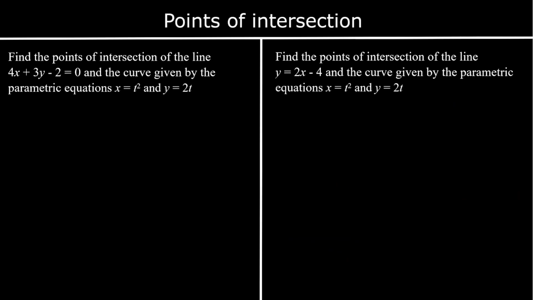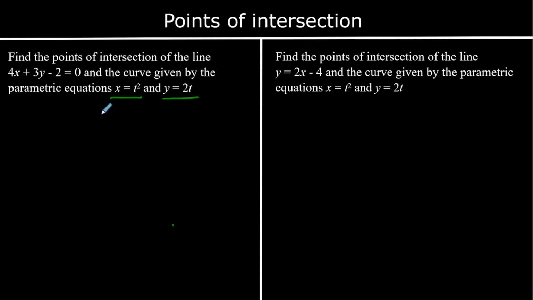Find the points of intersection of the line 4x plus 3y minus 2 equals 0 and the curve given by the parametric equations x equals t squared and y equals 2t. So we need to solve the simultaneous equations. So we can substitute our x and y into our first equation and we'll only have something left in terms of t.